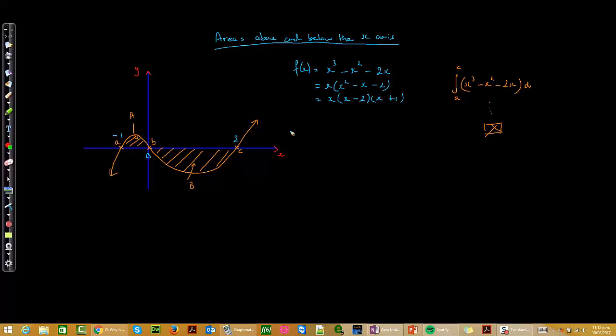Okay, so let's calculate the area then in two parts. The integral between 0 and negative 1 for this function.